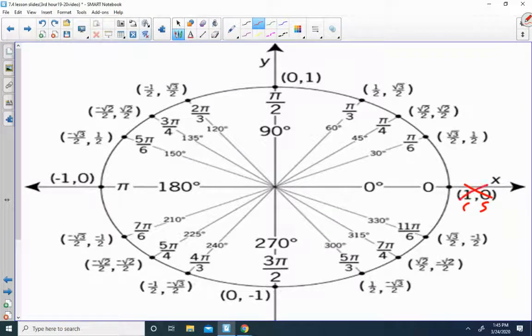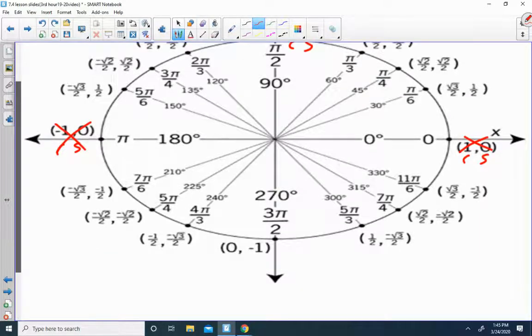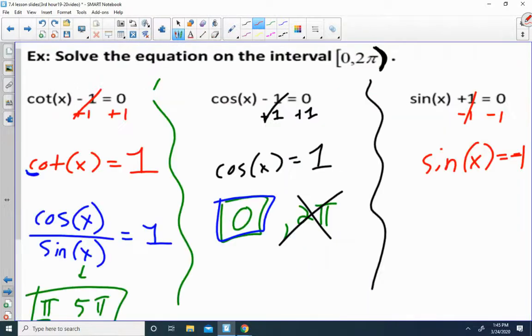It's not here. It's not here. It's not here. Ooh, right here, sine is -1. That's what we want. So right at 270 degrees, or 3 pi over 2. So then, 3 pi over 2.